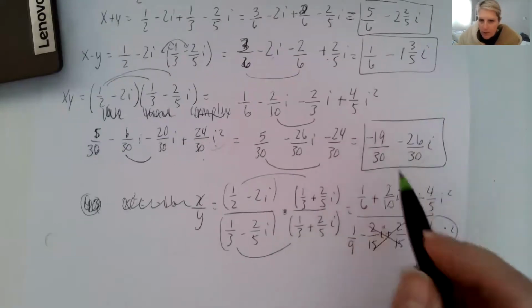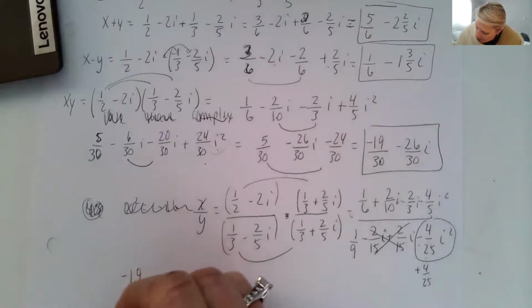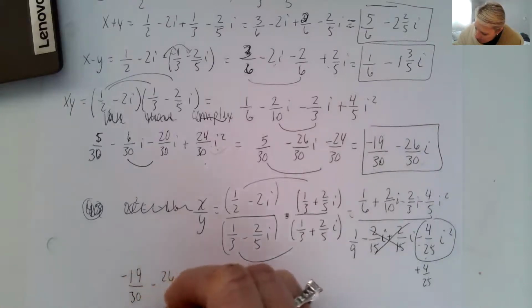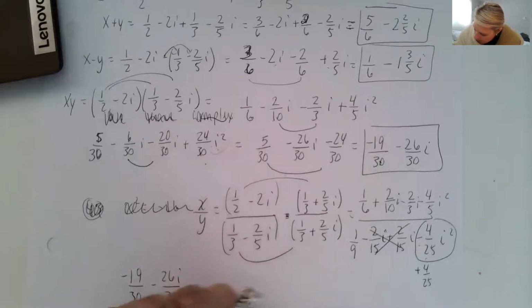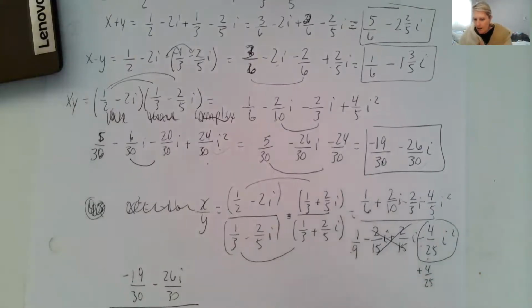So the numerator is what the product of x and y turns out to be, a negative 19/30 minus 26i over 30, all over this 1/9 plus the 4/25. And so our common denominator is, multiply them together.